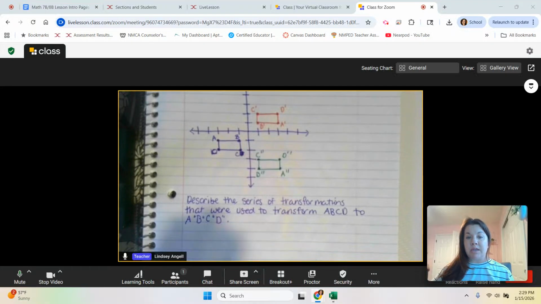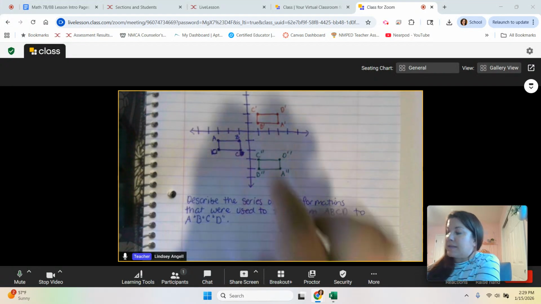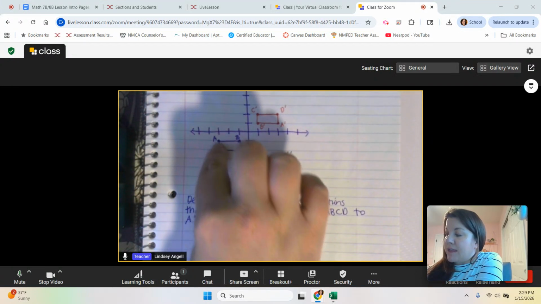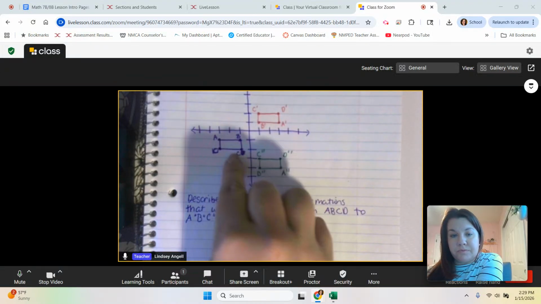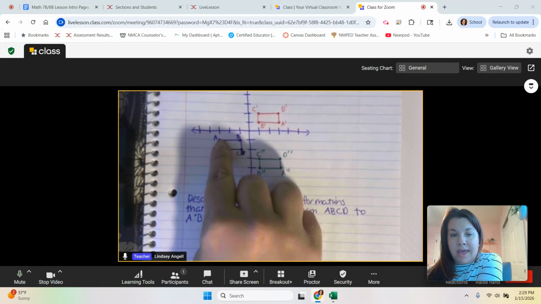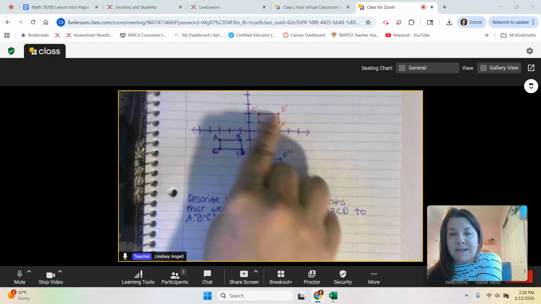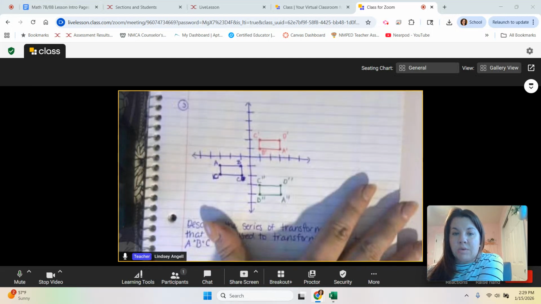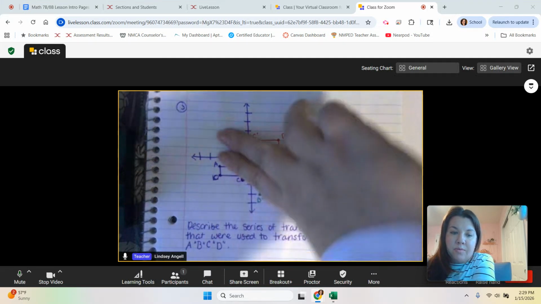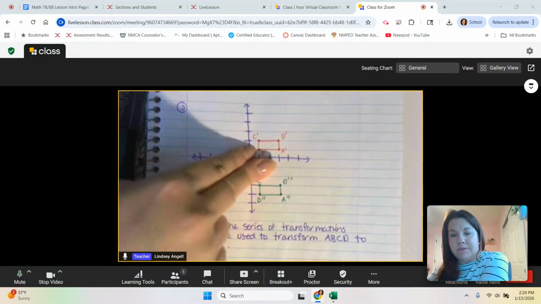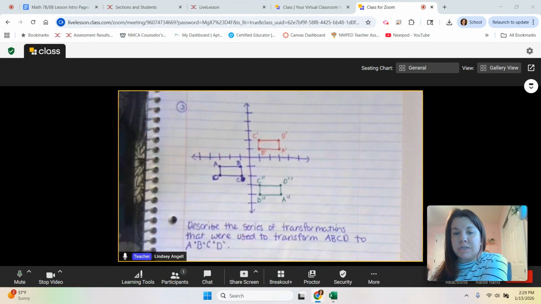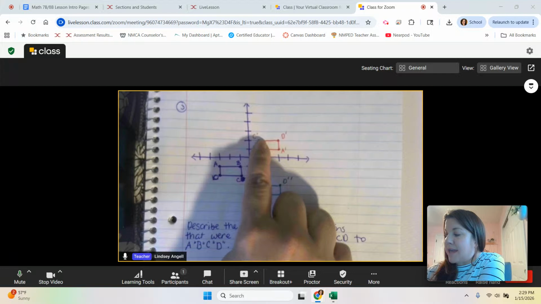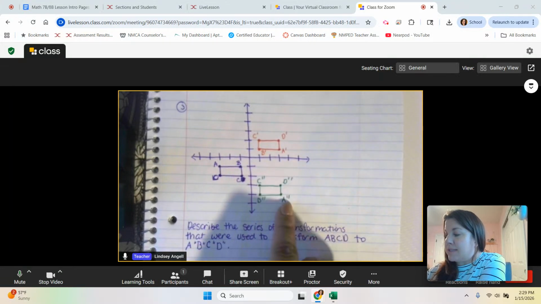So in this particular case, one of the most important things for you to notice is that everything flipped over. Do you see that? So A was in the top left, now it's in the bottom right. So what would do that would be that rotation. Okay? So first there was a rotation, but then notice now A prime is in the same location as A double prime.